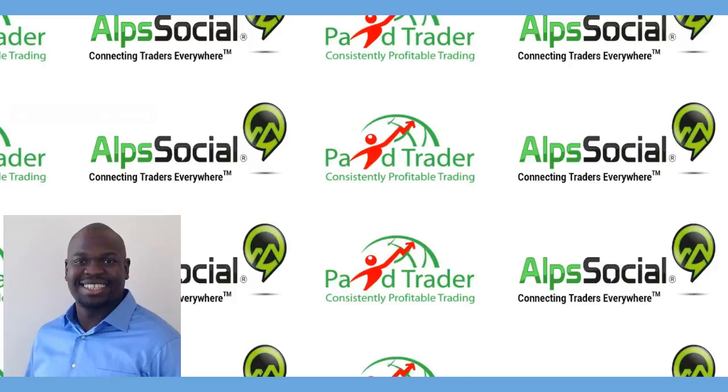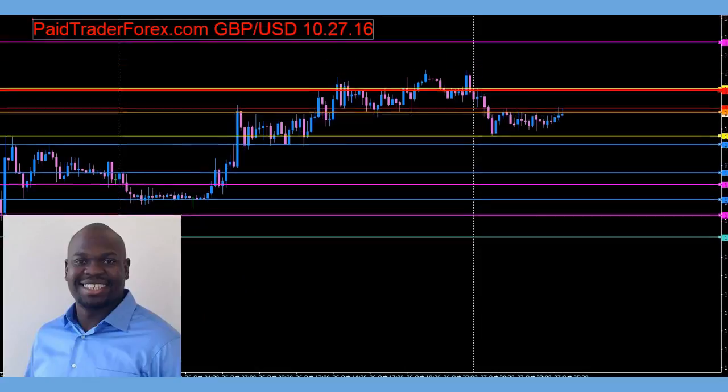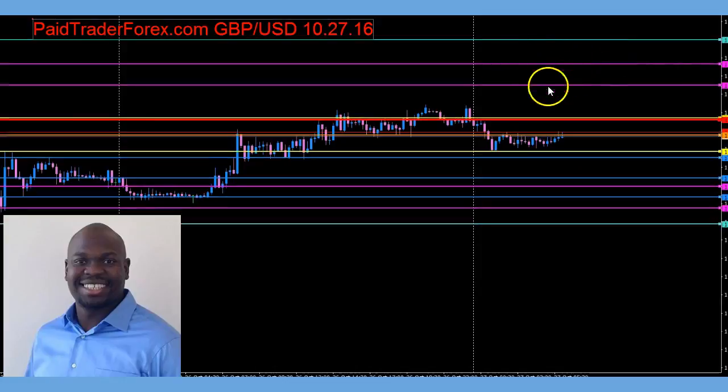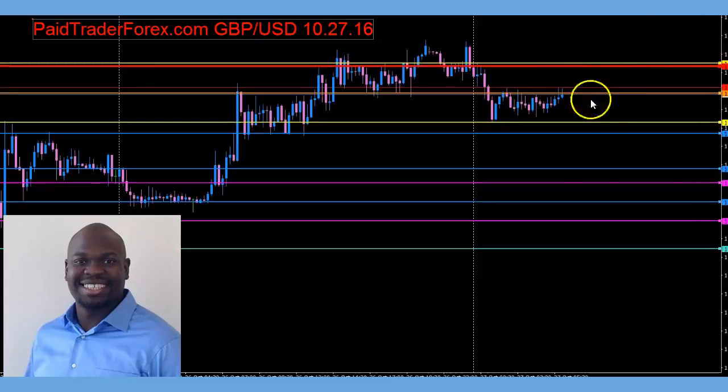All right, so let's get this thing started here. So here we have the pound dollar. These magenta lines are my levels of interest. We aren't even close. And then these yellow lines here are my aggressive levels of interest, where I would be looking to take an aggressive short or long.